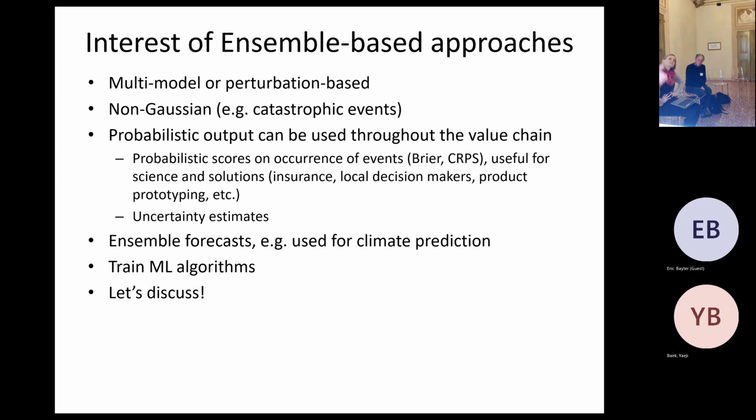Because when you have ensembles, you can also compare easily with observations and see if observations are compatible with your model. It's always the question, when you have a model simulation that is not compatible with data, there is this misfit, but what do we do with it? What does it mean really? When you have an ensemble, you can say, okay, I can see if my observation is within.